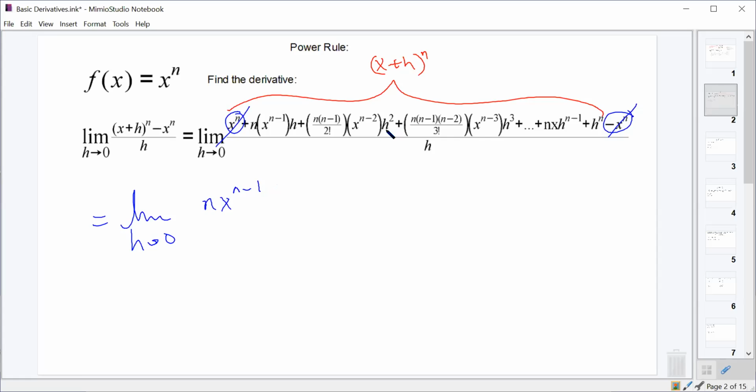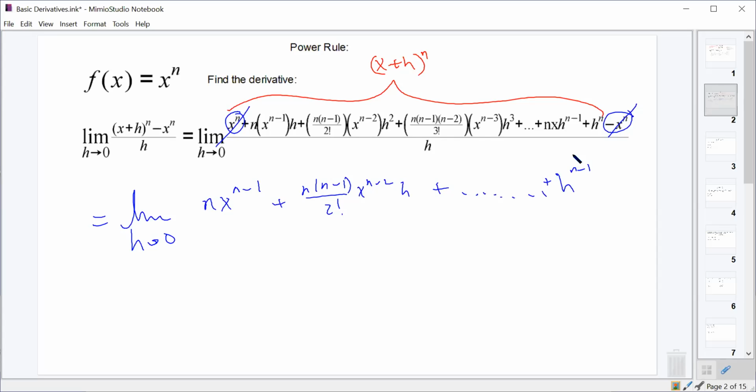And then this next one ought to be n times n minus 1 over 2 factorial times x to the n minus 2 times h. And then what about the next terms? I'm just going to write out all of this nonsense in here. The last term here becomes h to the n minus 1, right? Because if I divide h to the n by h, that should be 1 less power of h, right?